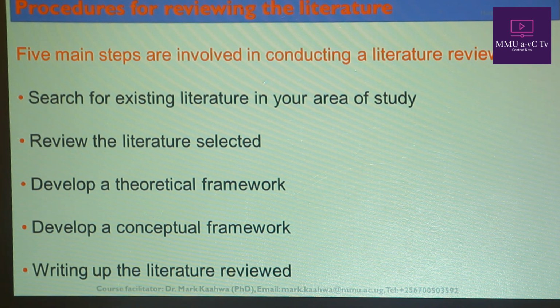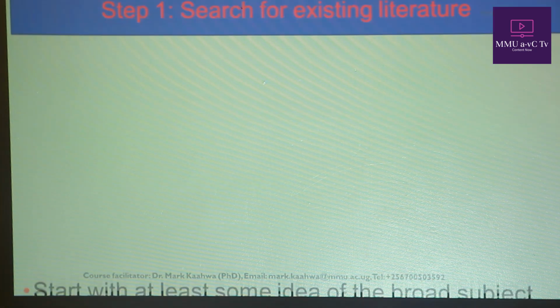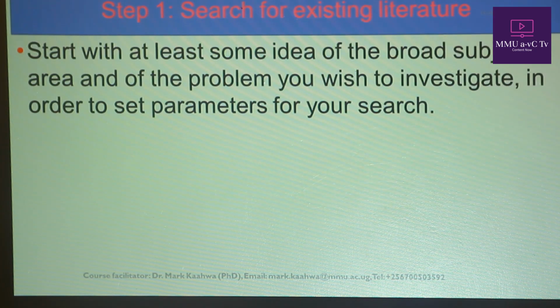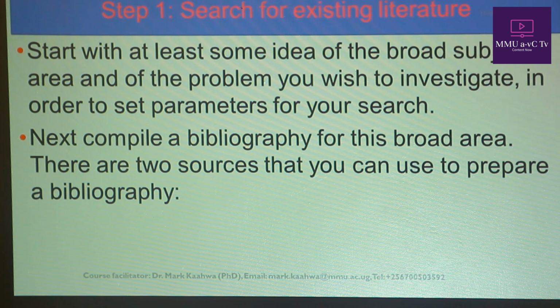And then finally, you write up the literature. So those are the 5 main steps that you follow, and of course here they are given in detail. There we had just elaborated on them, but here they are given in detail.